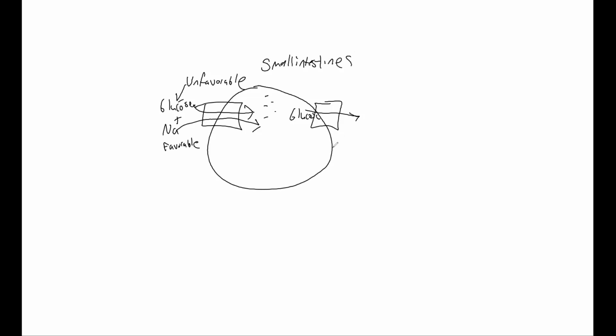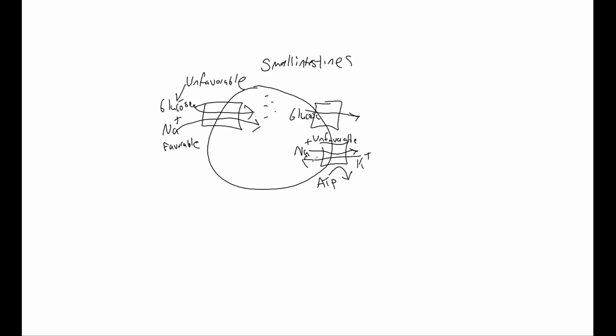Glucose can go in, but for sodium to leave, and this is actually a sodium potassium pump, here we're using ATP because they pump sodium outside the cell. If it's favorable going in, it must be unfavorable going out.